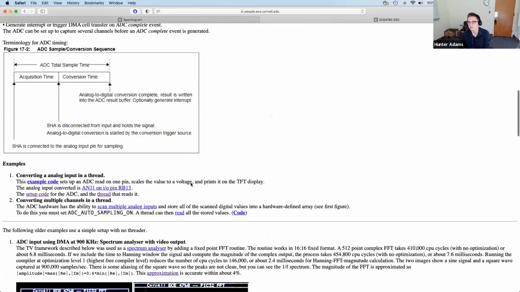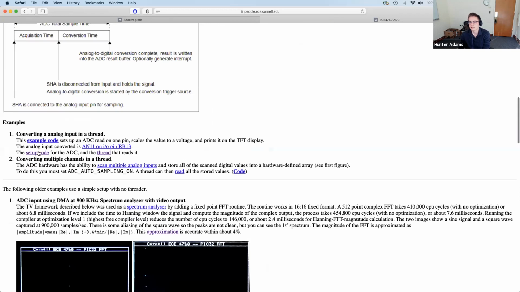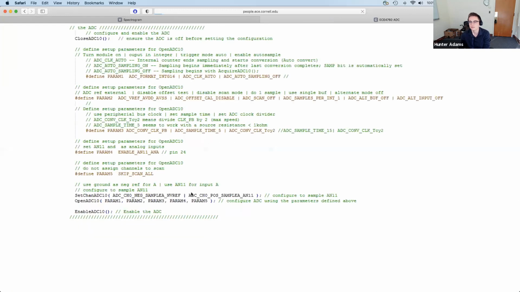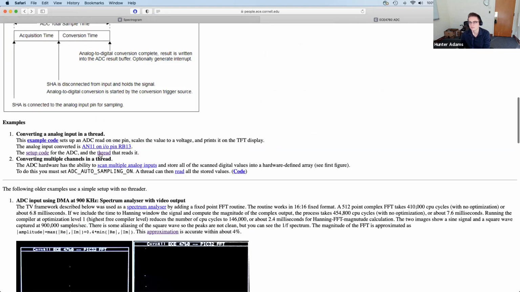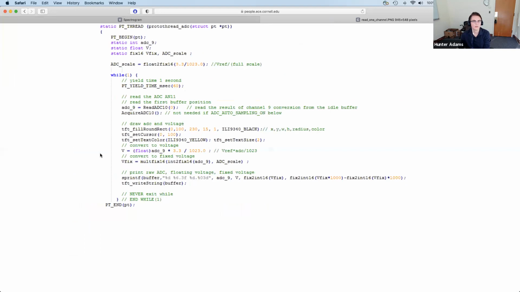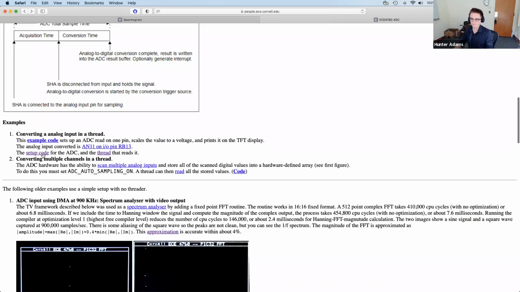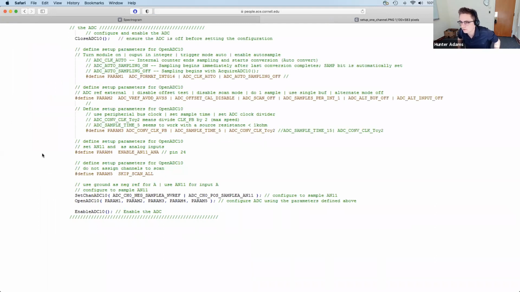There are some examples here showing how to set up the ADC and how to read the ADC. This is the place to go look to start. And even this setup code sets up the analog to digital converter AN11, which is actually the one that you'll be using for this lab.